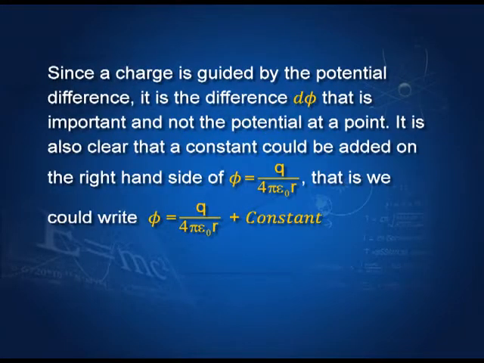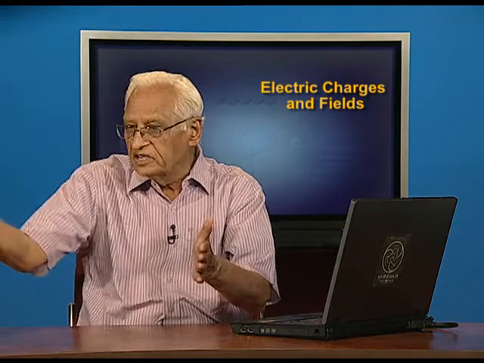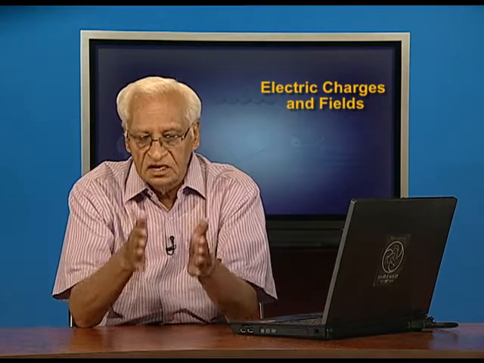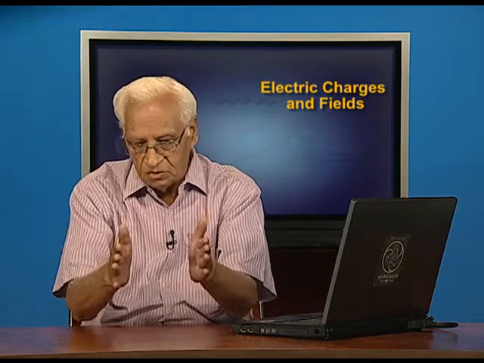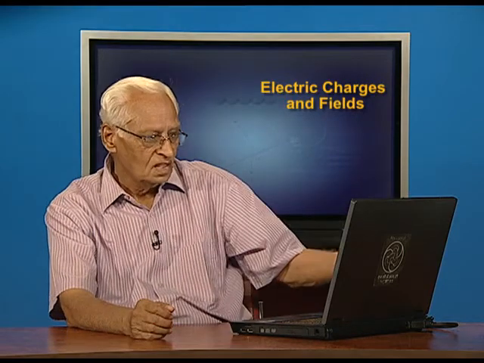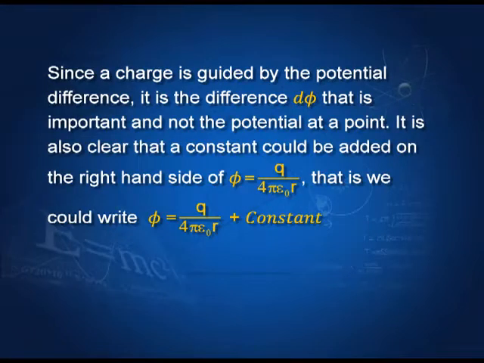Since charge is guided by the potential difference, it is the potential difference that is important, and it does not matter where the 0 of the potential is taken. 0 of the potential can be fixed arbitrarily, because it is the potential difference that is important. And moreover, we can write phi equal to q by 4 pi epsilon 0 r plus constant.